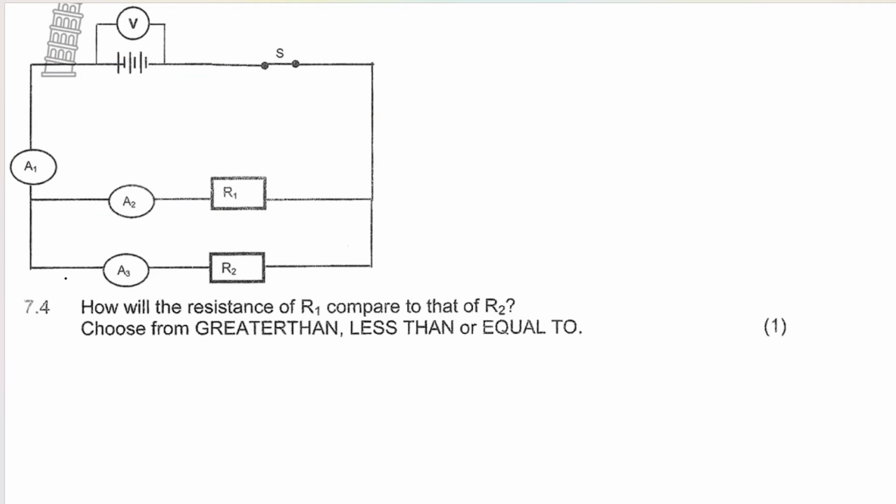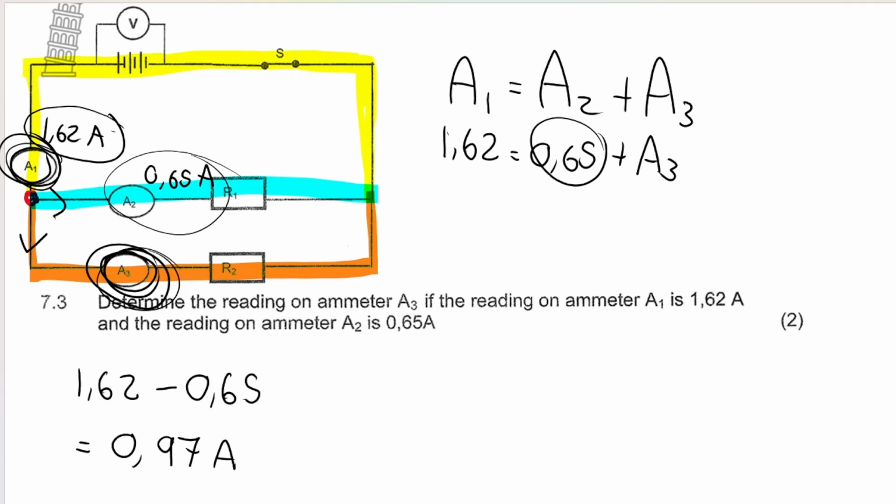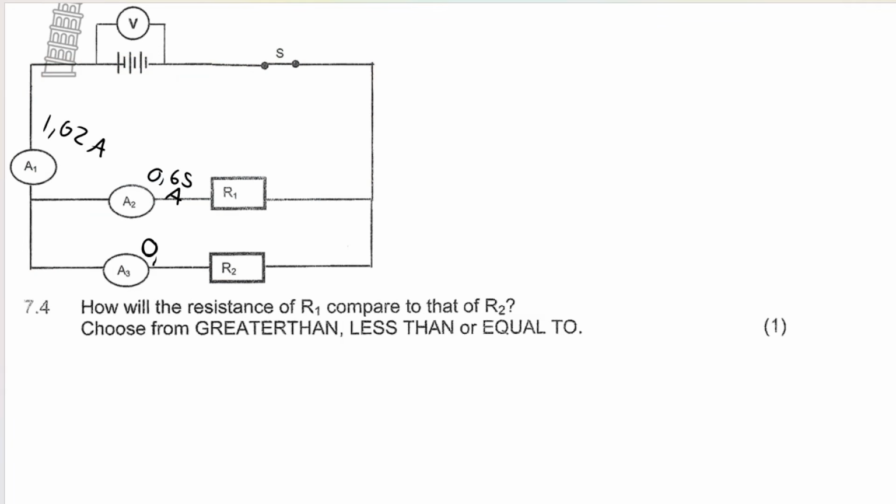7.4 says, how will the resistance of R1 compare to that of R2? Now, remember, we know the total current was 1,62 amperes. We know this reading on A2 was 0,65 amperes. And we know the reading on A3 was 0,97 amperes.